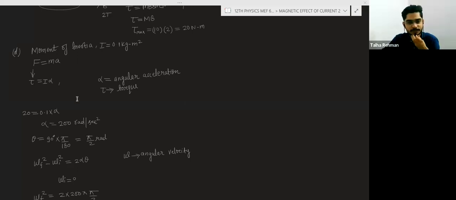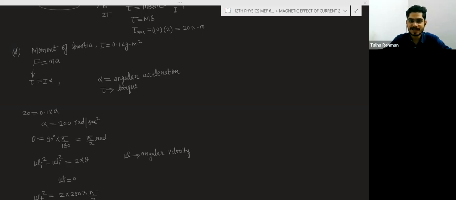If you have any confusion in this omega, moment of inertia and alpha, it means you have a confusion in the chapter on rotational motion. So first try to search in the book, because I do not have that much time to teach each and everything, but I have told you what torque, angular acceleration and omega are.